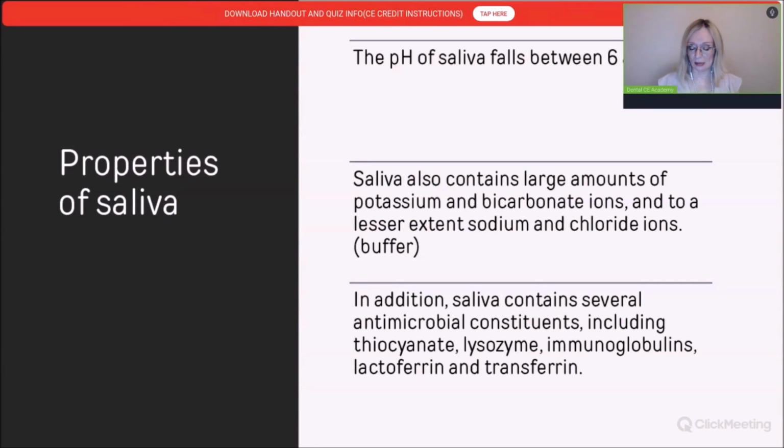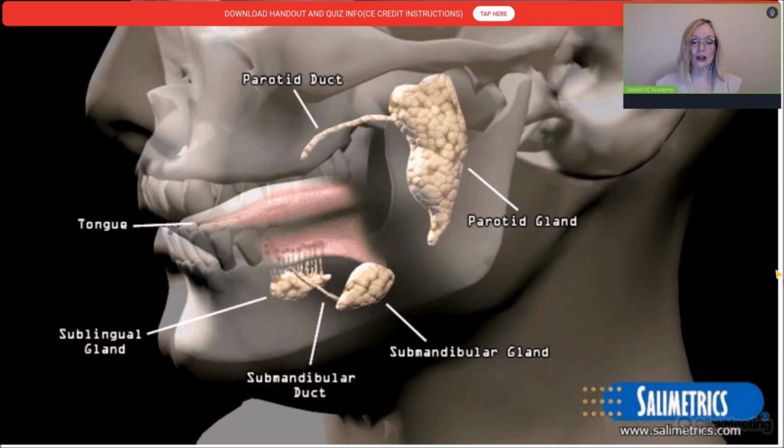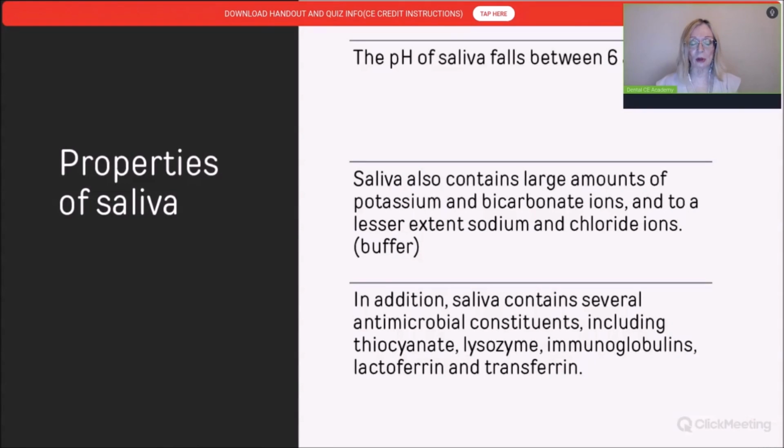All right, what do we know about the properties of saliva? We're going to be talking about the glands and how they're classified momentarily. But the properties of saliva: the pH of saliva falls between 6 and 7.4. It contains a large amount of potassium and bicarbonate ions, and to a lesser extent sodium and chloride ions, as a buffer.